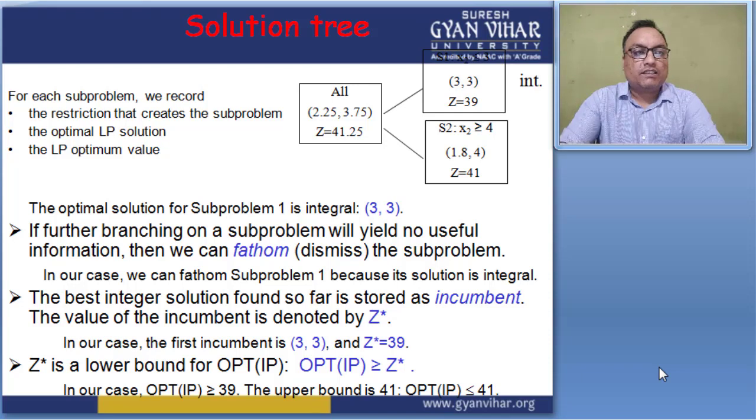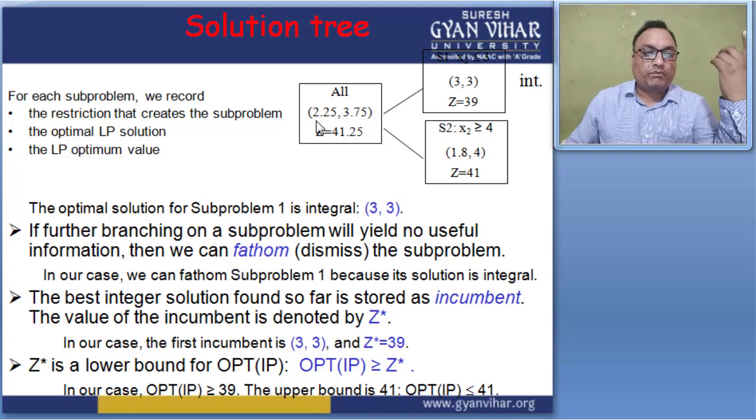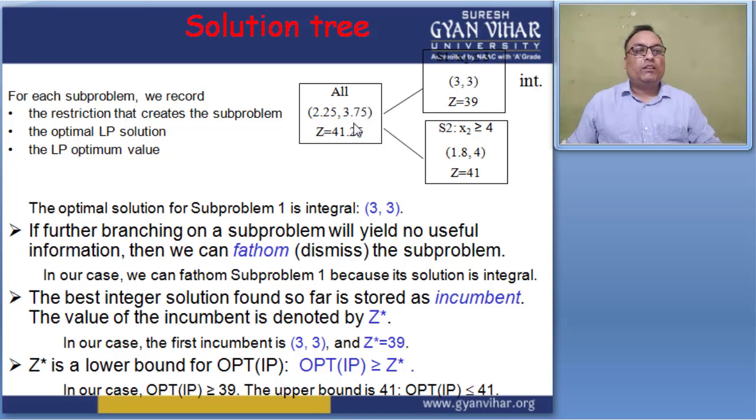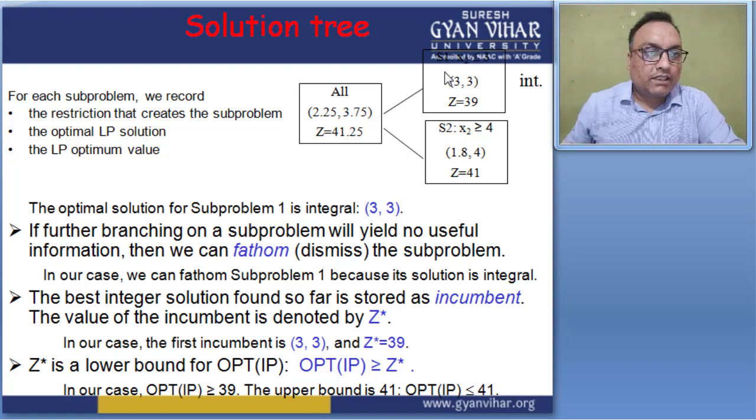So here is the z value of the optimal point, 2.25 and 3.75, and z is equal to 41.25. This problem is divided into two cases: x2 is less than or equal to 3 and x2 is greater than or equal to 4.